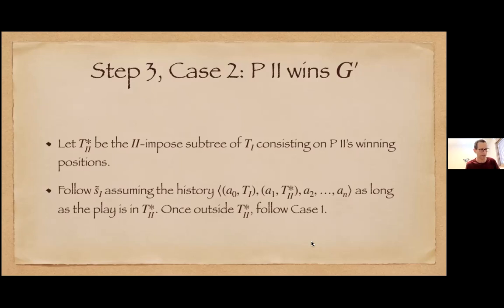But in either case, these are consistent plays with tiled S1, which are mapped back into the play in the covered game. I hope it's more or less clear, but these are things that can be verified.